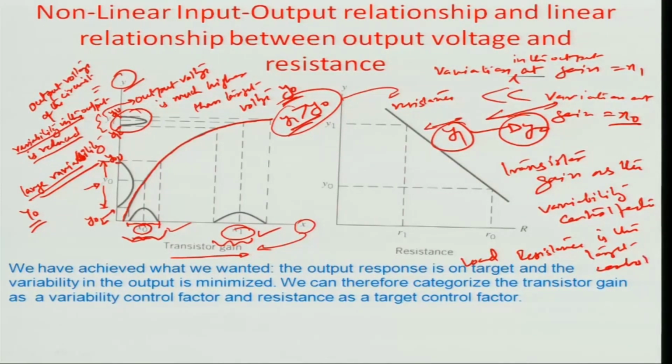While the resistance ensures that the output value goes to a certain level Y0, which is the desired output value, the gain, from a very different angle, from a nonlinear response of the gain with respect to the output, ensures that the variability is closed in on.